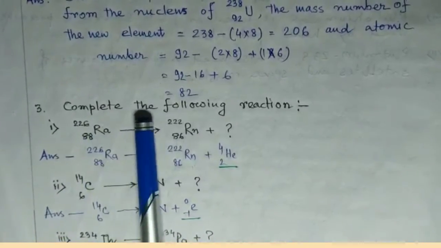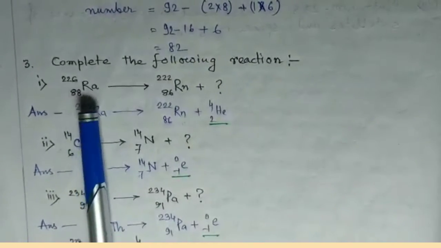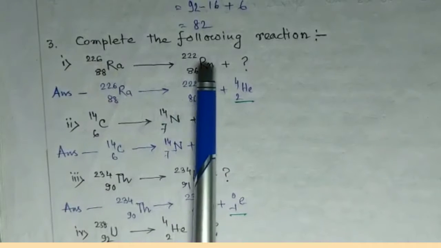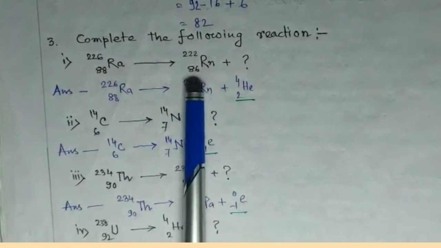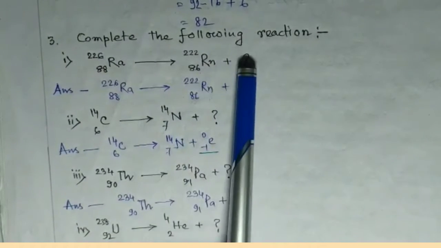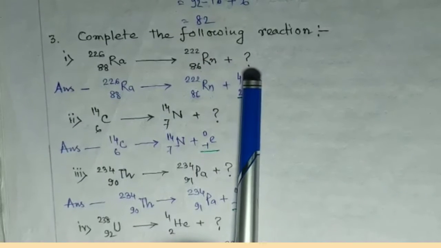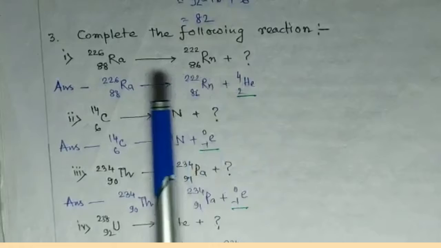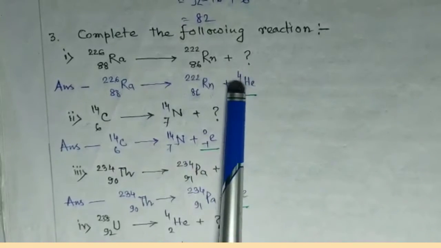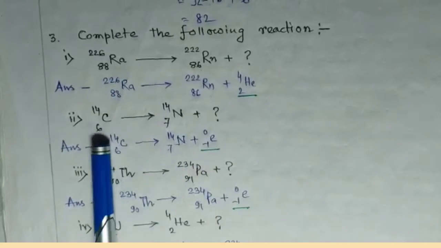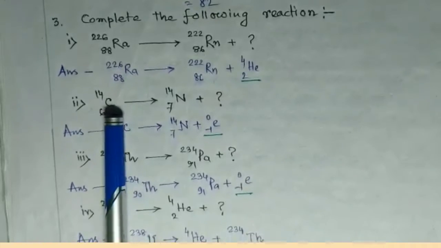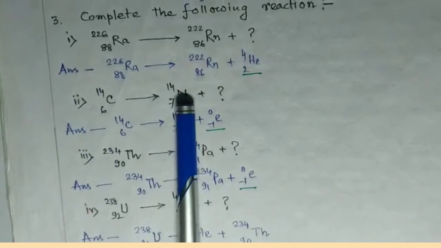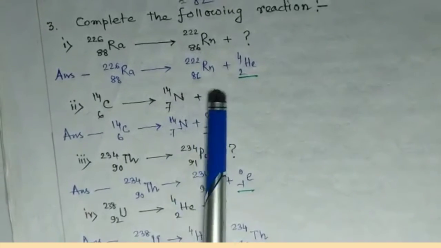We have to complete the following reaction. As for example, radium 22688, it produces radon 22286, and there is a question mark. What is the product? Actually, the product is helium. Again, in C146, the product is nitrogen 147.